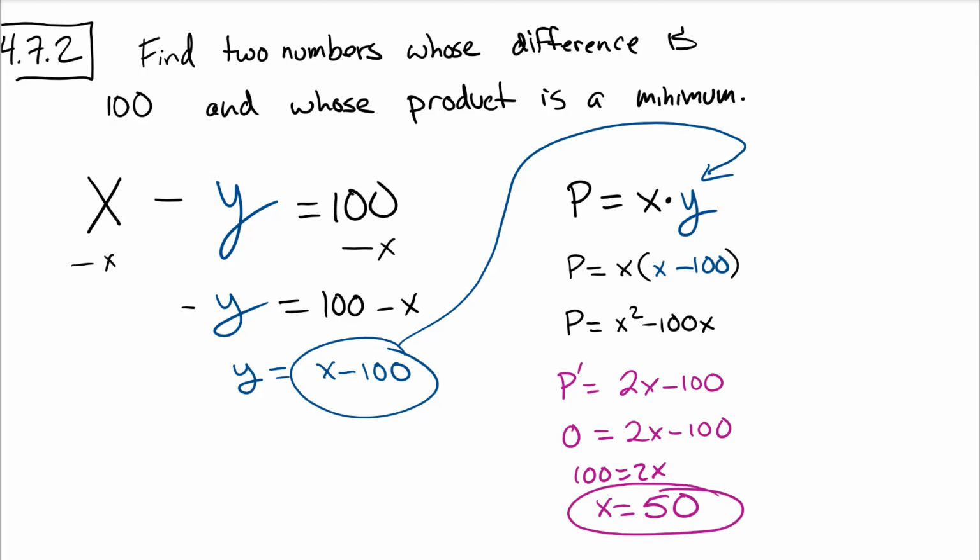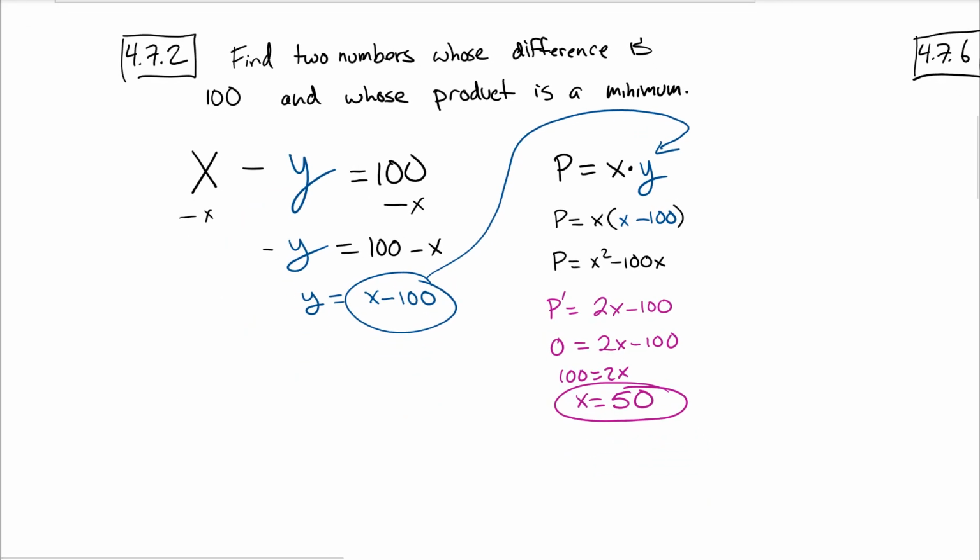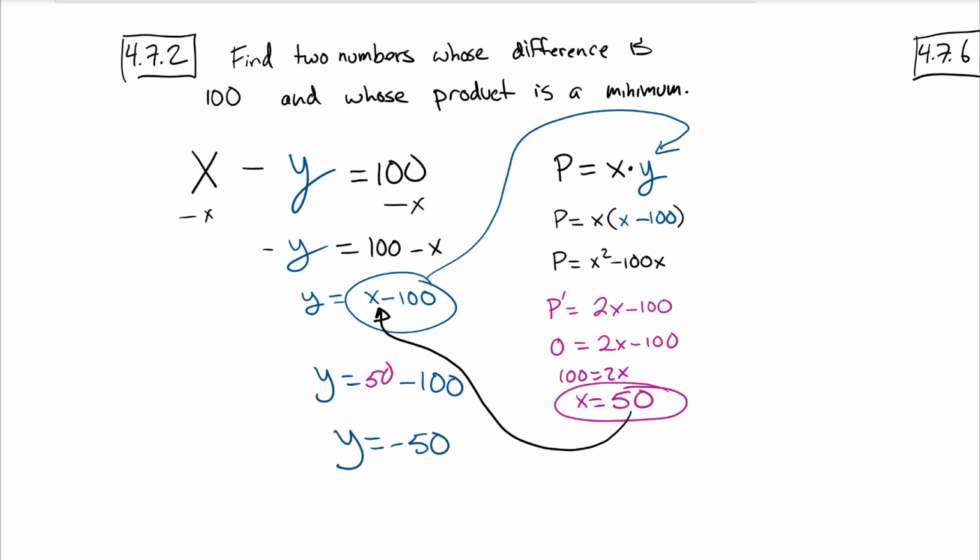Well, then what is y equal to? Let's plug it back in and find out. We just go to our constraint, whatever we solved for earlier. Well, y must equal x minus 100, but x is equal to 50. So y is equal to negative 50.